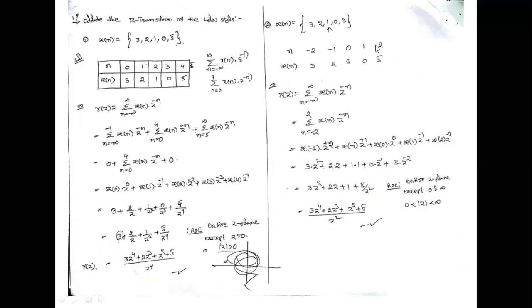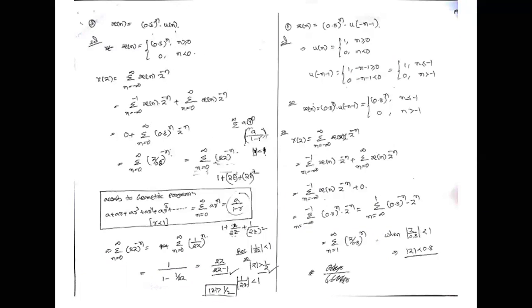Next example. Third example: x of n is equal to 0.5 whole power n mu of n.